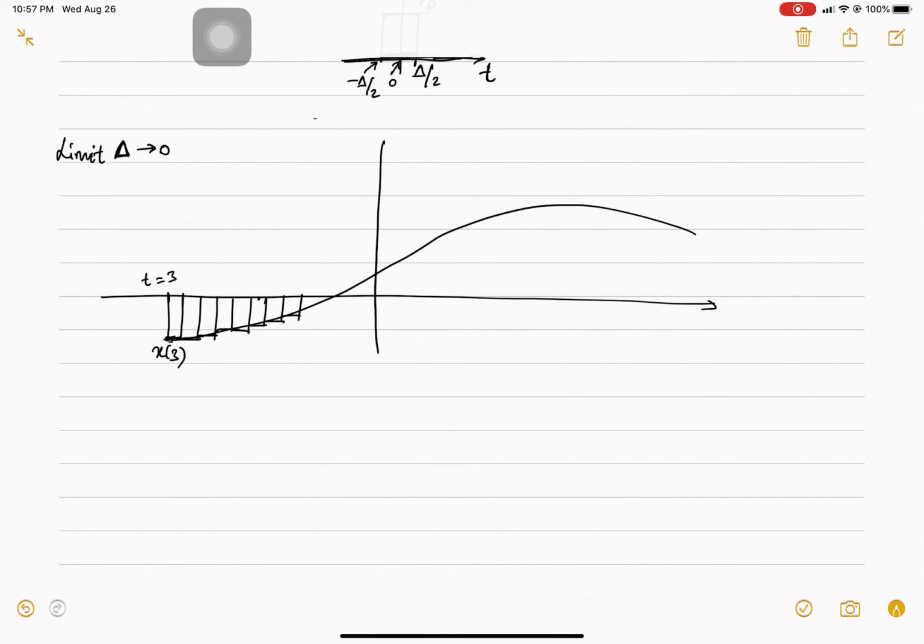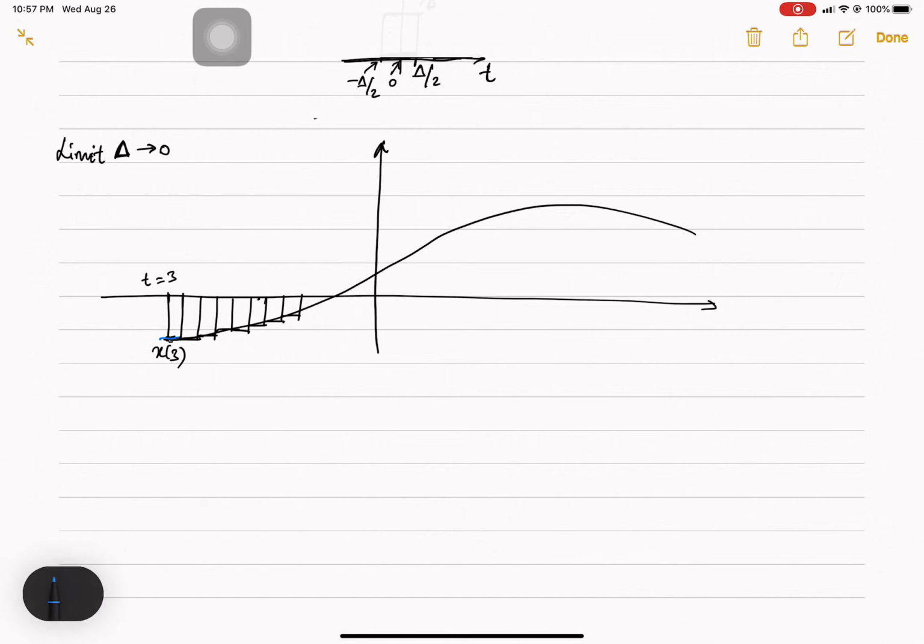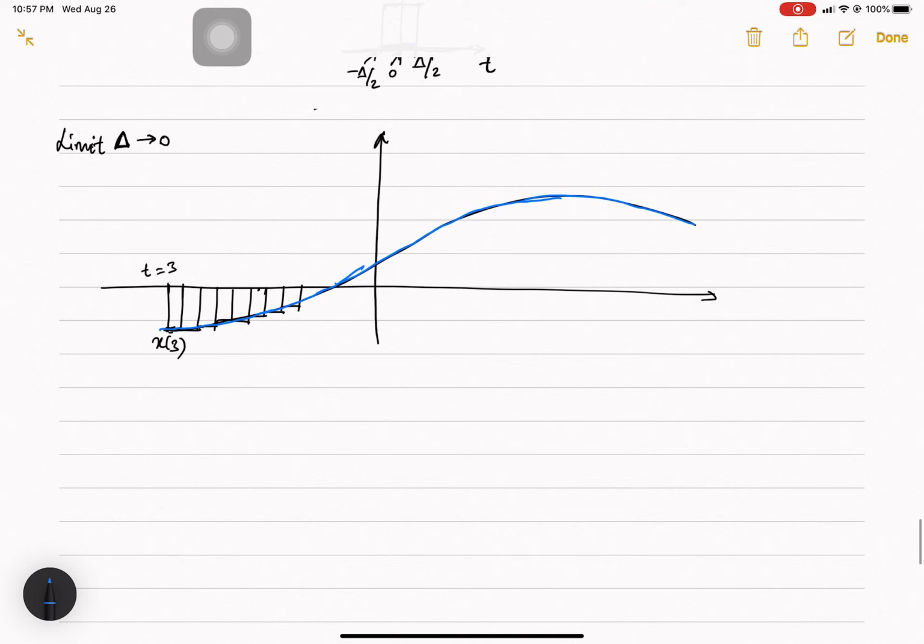Now I'll use a different color. This is my actual curve, and what I am trying to do is express this in terms of time shifted impulses. Let's call this x of t.